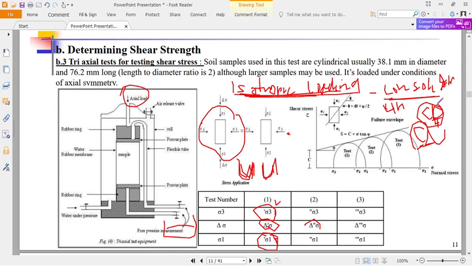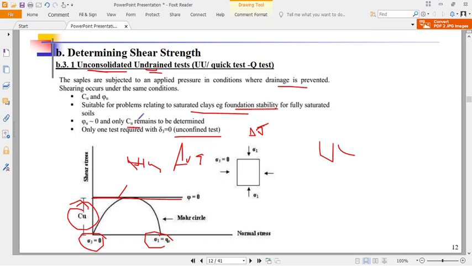Is that okay? Now, this is suitable probably for saturated soils; it gives the foundation stability for fully saturated soils. Determine the C. Another test is under consolidation, where the consolidation occurs under isotropic loading, you apply the isotropic loading.